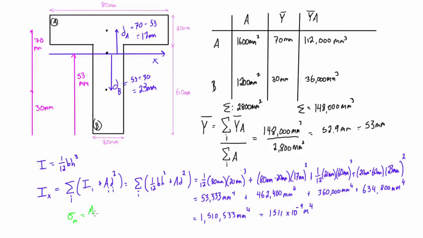In this case, c, the distance to the top of the member, would be 80 minus 53, which gives us 27. Then if we wanted to figure out c down here, we would just take 53. Actually, we'd be able to calculate the problem like this if we were given an applied moment. Then we'd be able to calculate the maximum tensile and compressive stresses because we know how to calculate the moment of inertia for this composite shape.